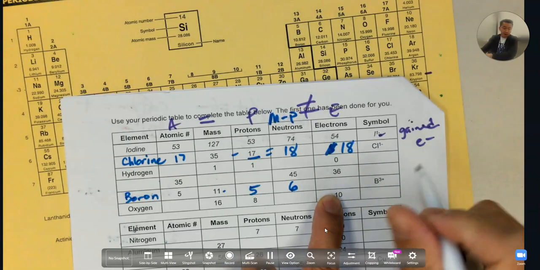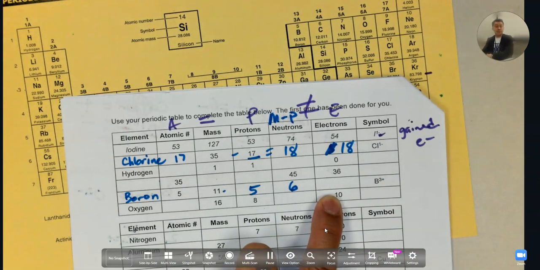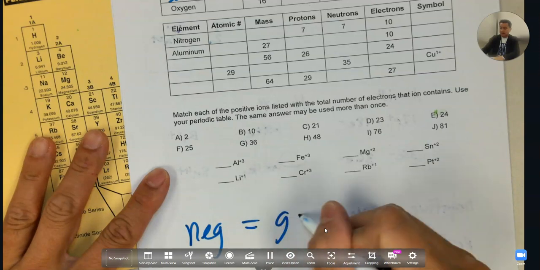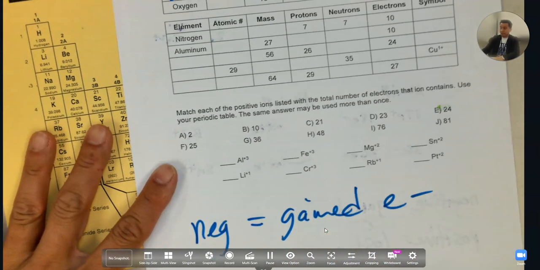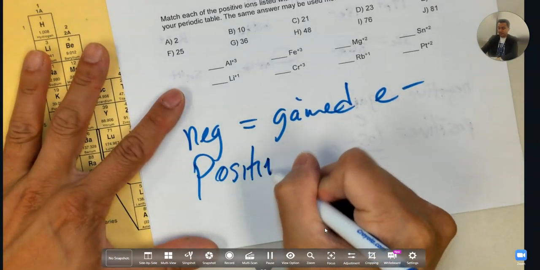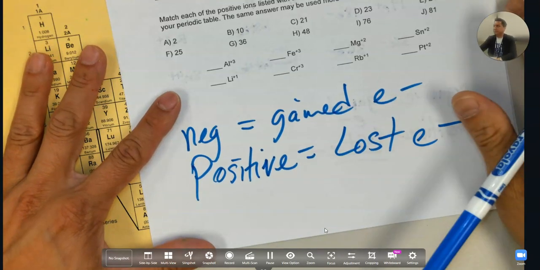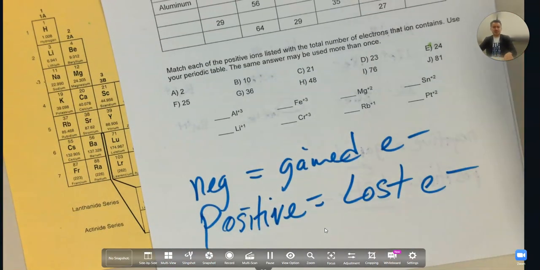Electrons. So it's +3 here. How did it become positive? Remember, negative means gained electrons. Positive means it lost electrons. It's kind of reverse. You lose more negative in your life, you become more positive.